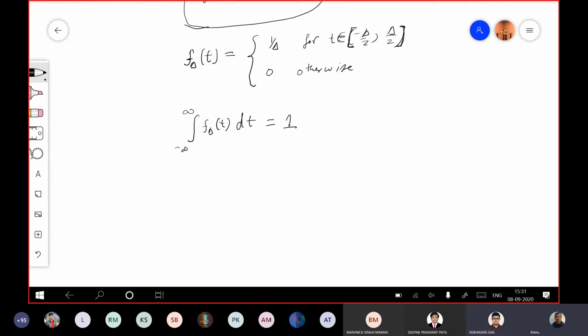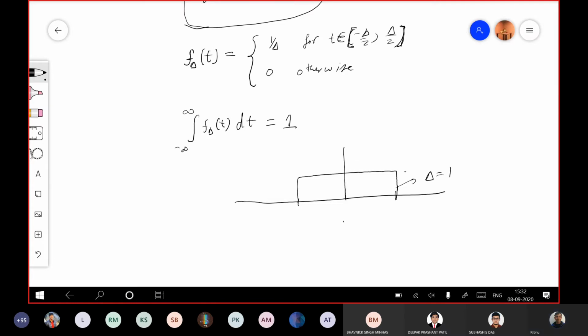Say, my drawing is particularly bad, but say this is for delta equal to 1.